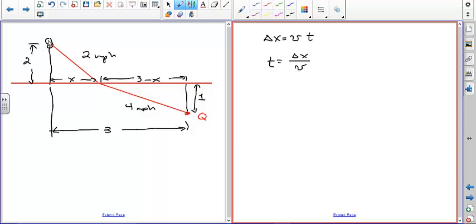So in the case of the part on the ocean, it's going to be the distance I travel here divided by the speed, which is 2. So let's use capital T for total time.